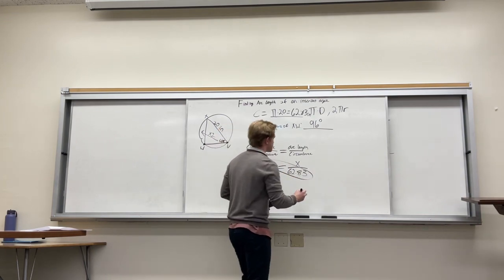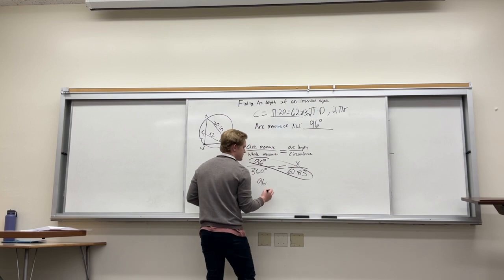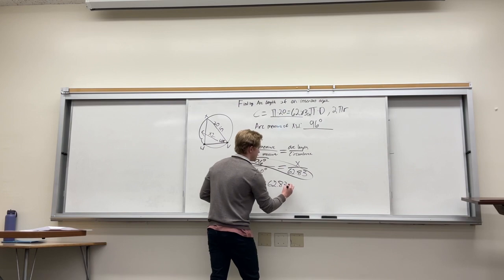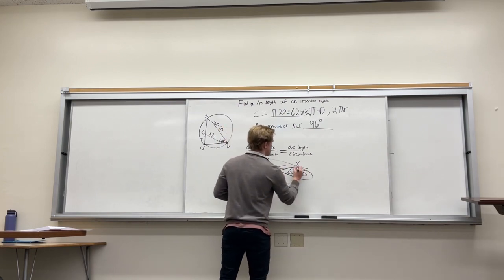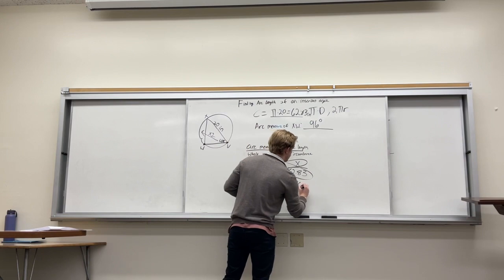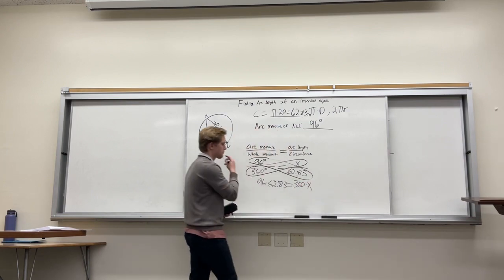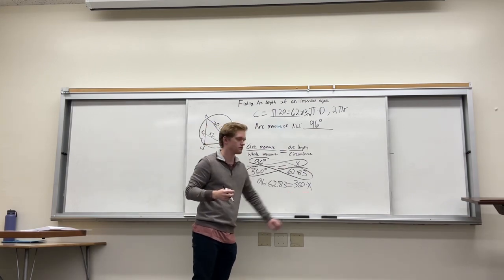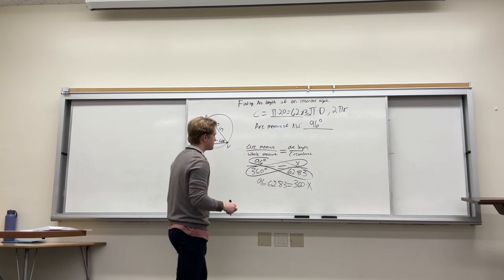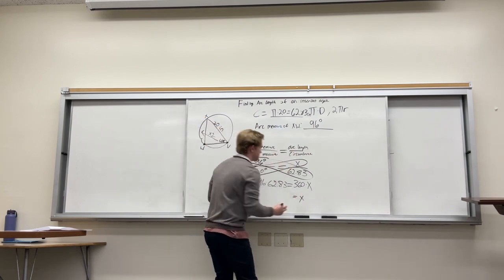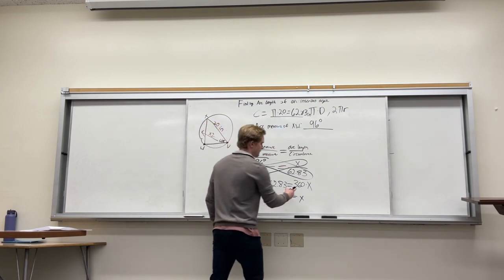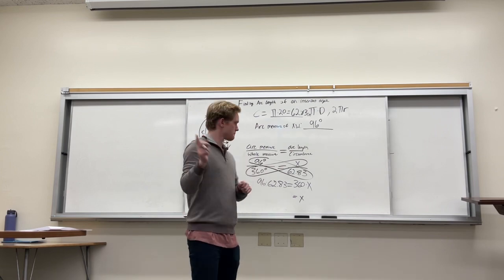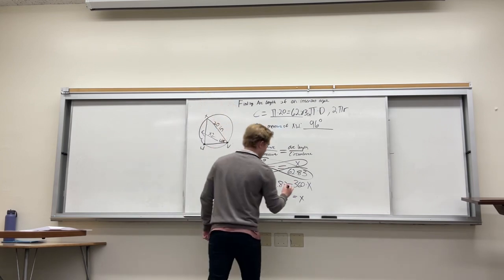Just like how we did before, we're doing a cross multiplication. So 96 times 62.83 is equal to 360 times x. Now we have the information that's needed. We can now solve. Like we did before, we want to solve for x. We want x to be all by itself. So, if we're doing 360 times x, we got to remember, the inverse of multiplication is division.